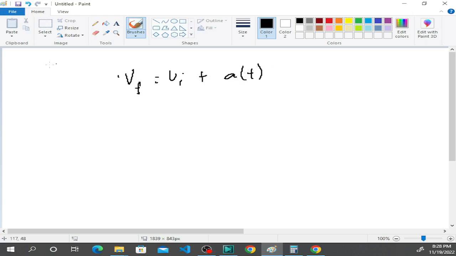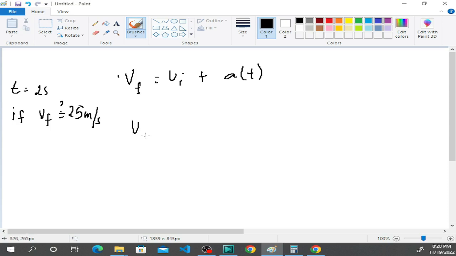We'll check at t equals 2 seconds if vf is equal to 25 meters per second. If it's less than 25 meters per second, then it happened at a later time. So there are a bunch of solutions for this.